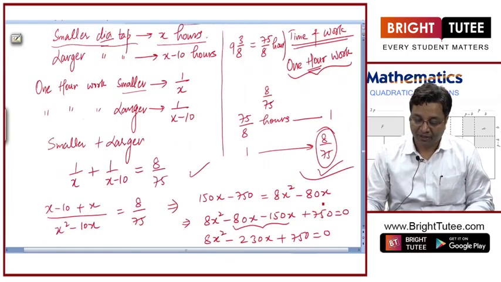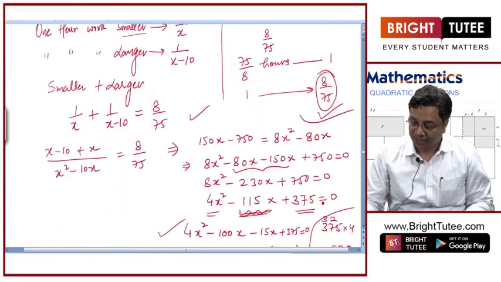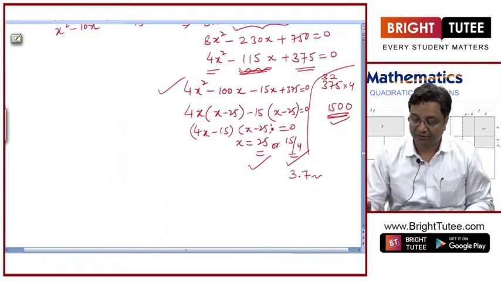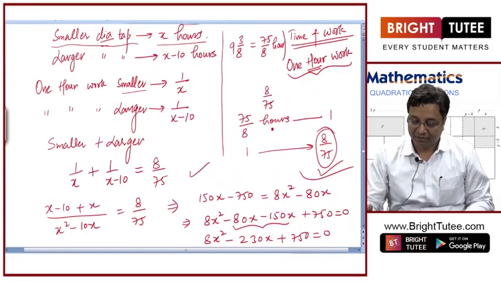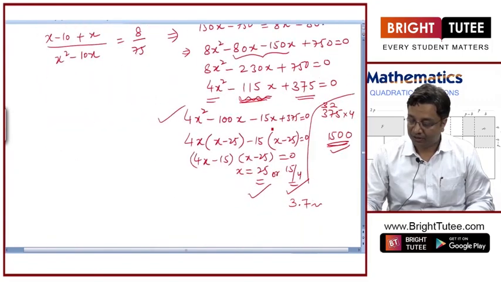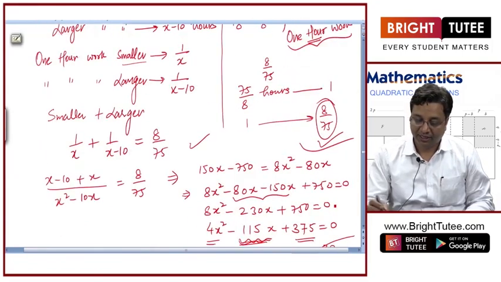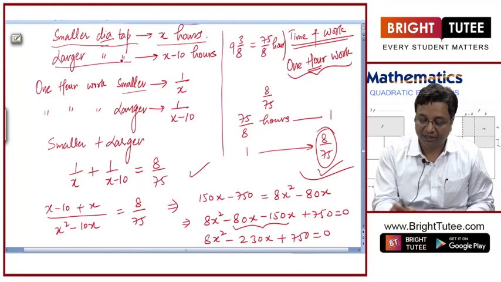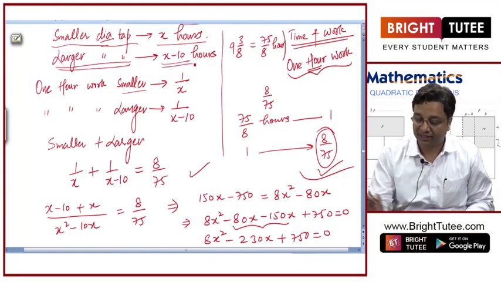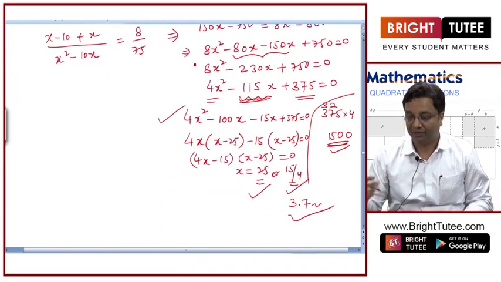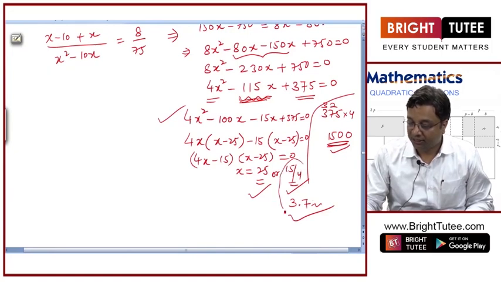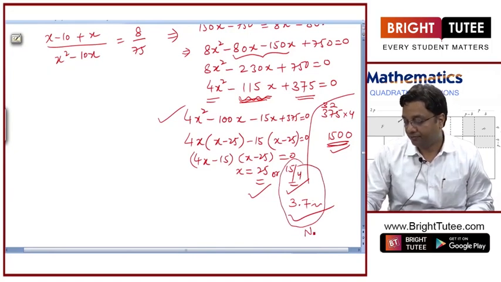Something, right? Now, this one is 25 hours. If I take x equal to 3.75, then the larger diameter tap will fill the tank in x minus 10, which will become negative, right? So this answer is clearly not valid, right?